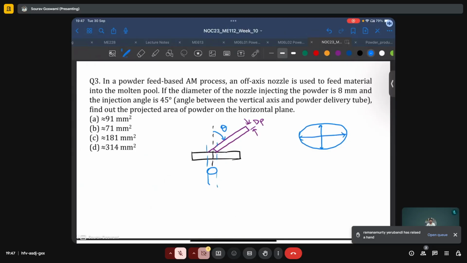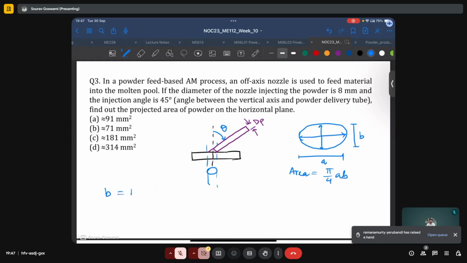We are asked to find out the projected area. So if the major axis is A and the minor axis is B, then we know that the area is pi by 4 AB, or pi times the semi-minor axis into the semi-major axis.